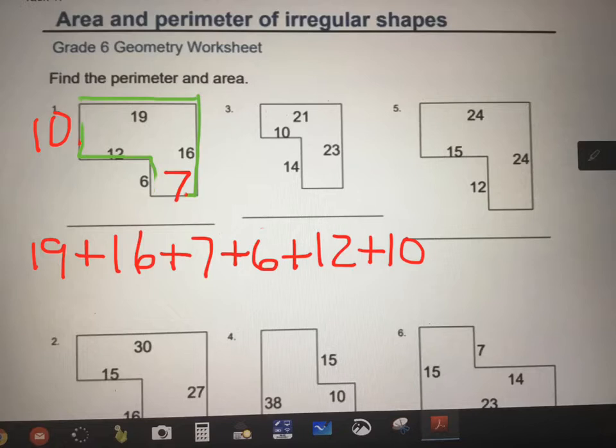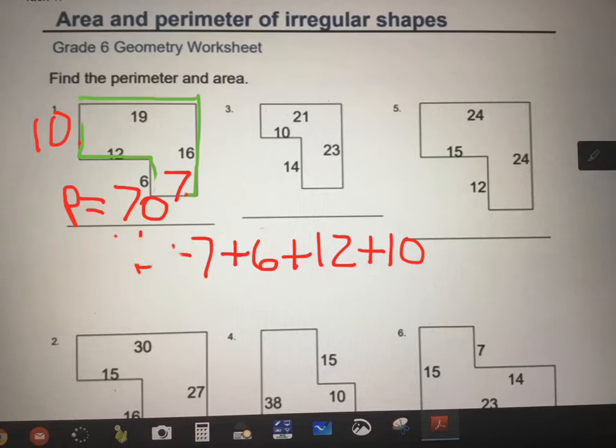And I'll give you a second to add all those numbers up. And what you'll get for your perimeter will equal 70.